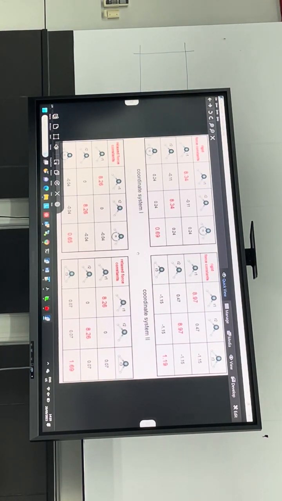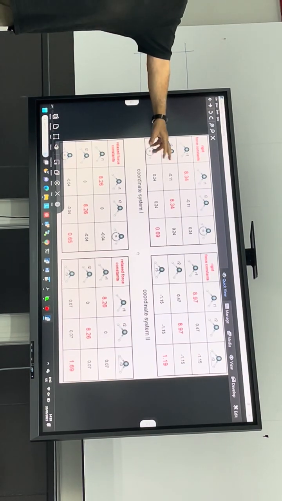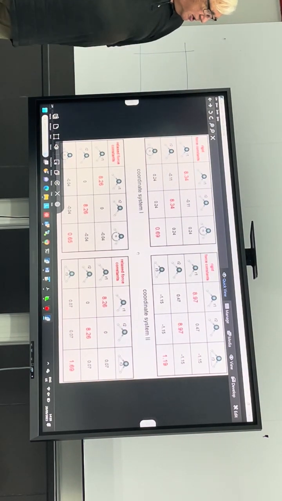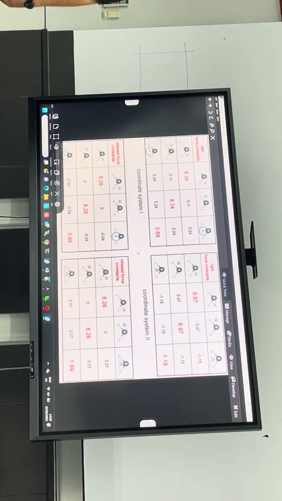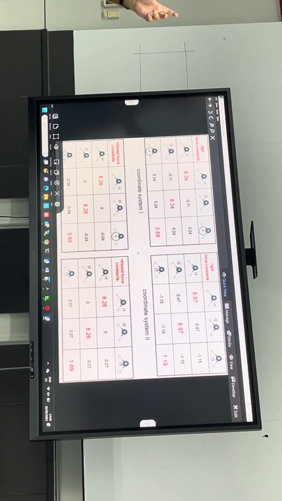And then you have some off-diagonal elements. And what do they mean? They mean that the energy you need for changing the OH1 distance depends also on the OH2 distance.